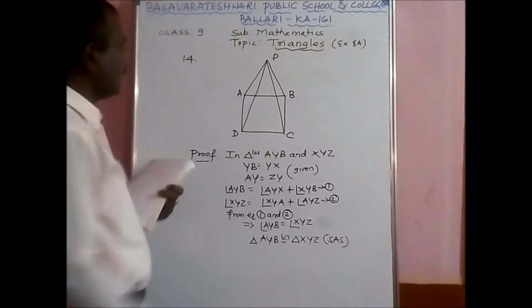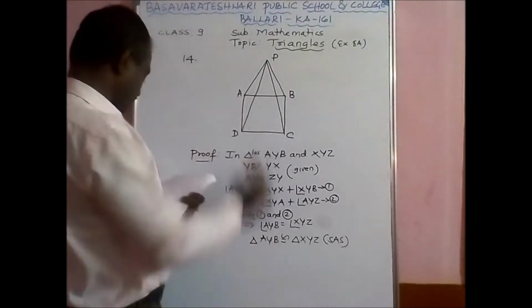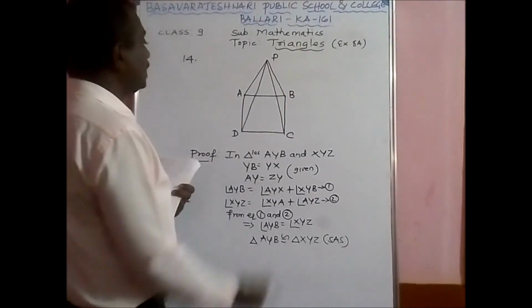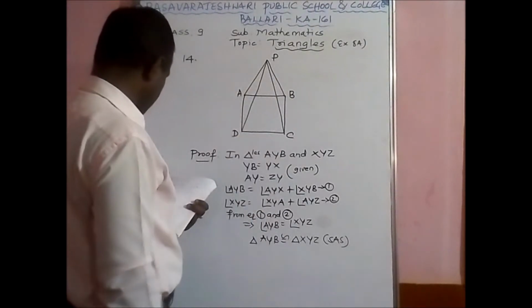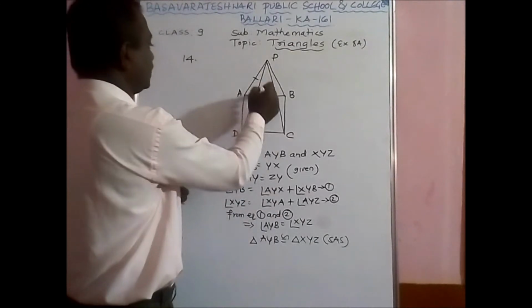In the figure, ABCD is a square and PAB is an equilateral triangle. All the sides are equal here.